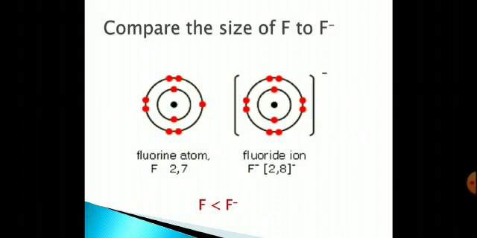Similarly, in the case of anions, compare the size of fluorine and fluoride ion. Fluorine has the electronic configuration 2, 7, but fluoride ion has one electron extra, that is 2, 8.